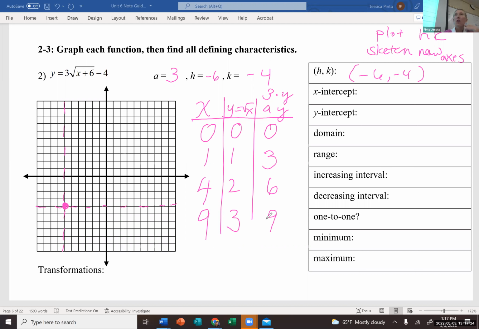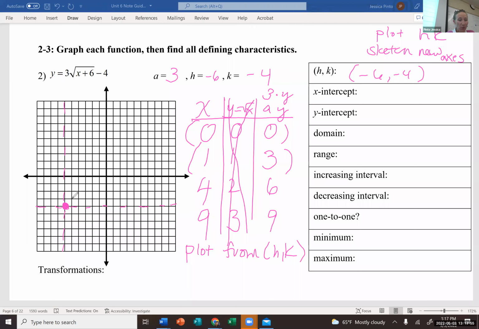Excellent. What we do now is we do that gentle slash, and we're going to plot from HK. And so I begin at 0, 0, and yes, I am still here at 0, 0, and that is an ordered pair on this function. Then I'm going to go over 1 unit to the right and up 3 units from my HK.